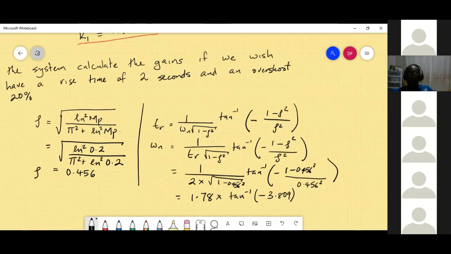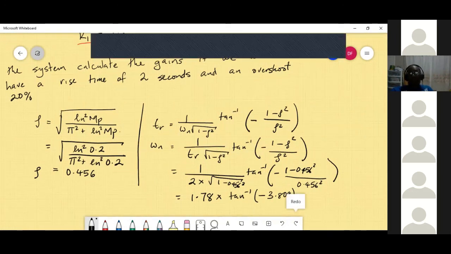Sir, the tan inverse is 1.78. Is that all of the tan inverse, in radians, or just the tan inverse part? Well, just the tan inverse part, but when you multiply by 1.78, it won't be a problem. But tell me what you get for the tan inverse.